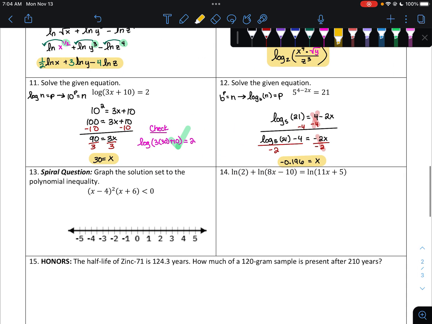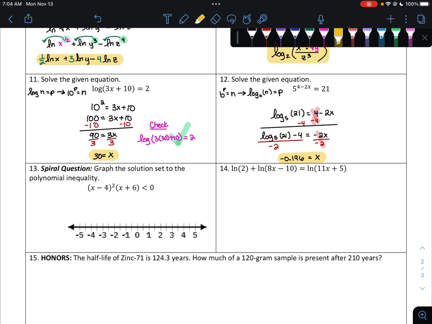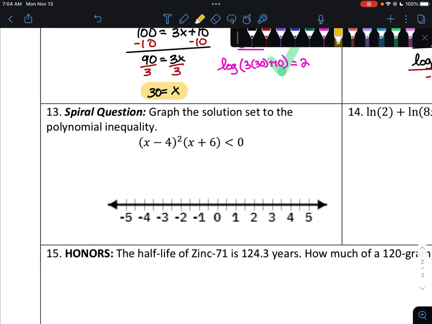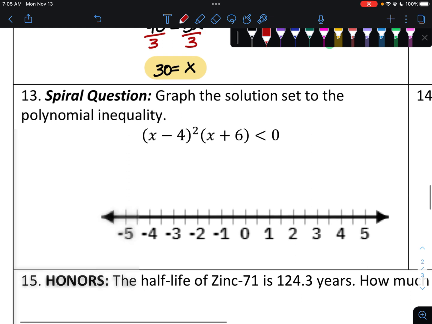Okay, so moving on to the next one. This is a spiraled in question. So for this, remember, two things we need are the zeros, and then we need to see when it's going to be below or above the x-axis.